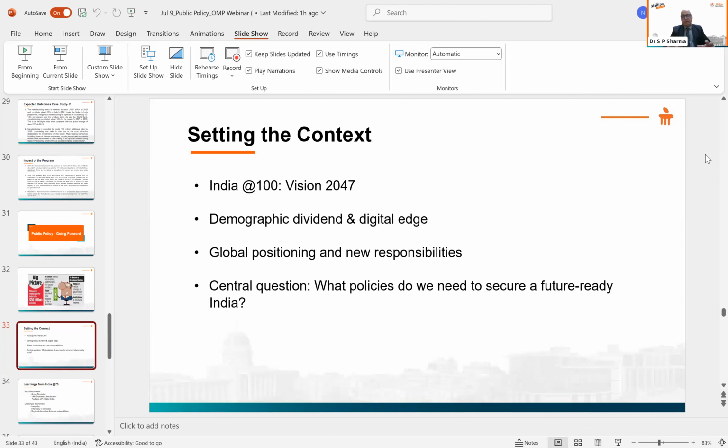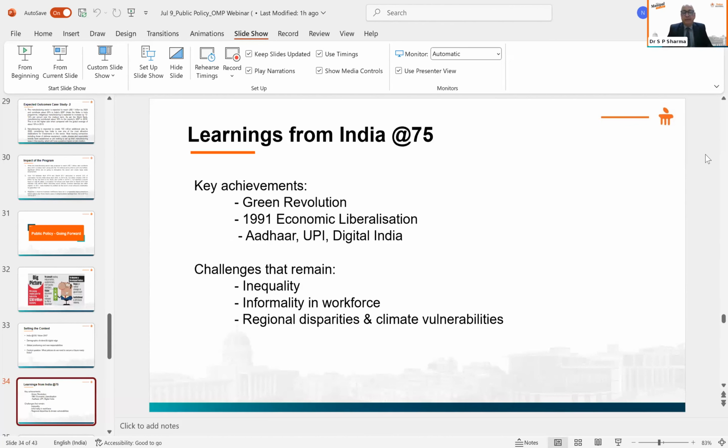So at this juncture, the question is: what policies do we need to secure a future-ready India? What should be the policy environment from the government side that supports Gyan, as the government has focused on Gyan significantly in the last two budgets?